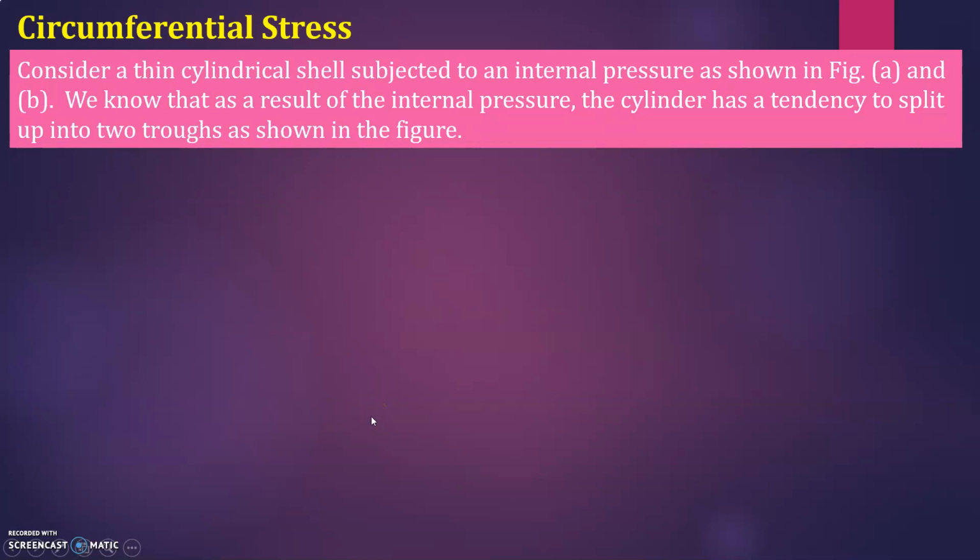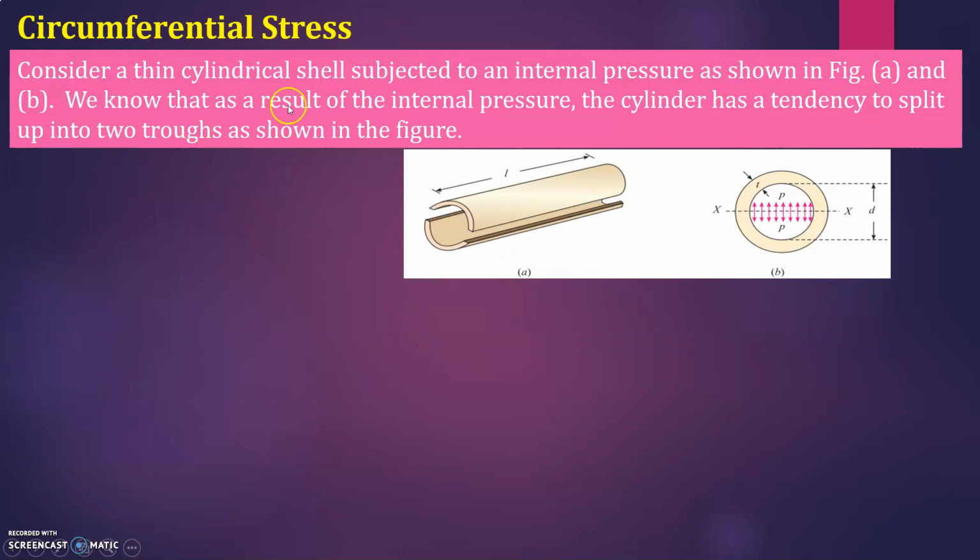Let us consider a thin cylindrical shell subjected to an internal pressure as shown in the figure. As a result of the internal pressure, the cylinder has a tendency to split into two troughs. I have told there are two types of failures: it may be split into two troughs or into two cylinders.